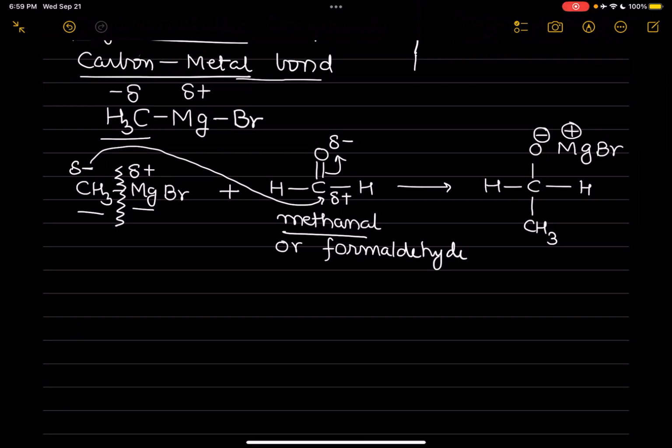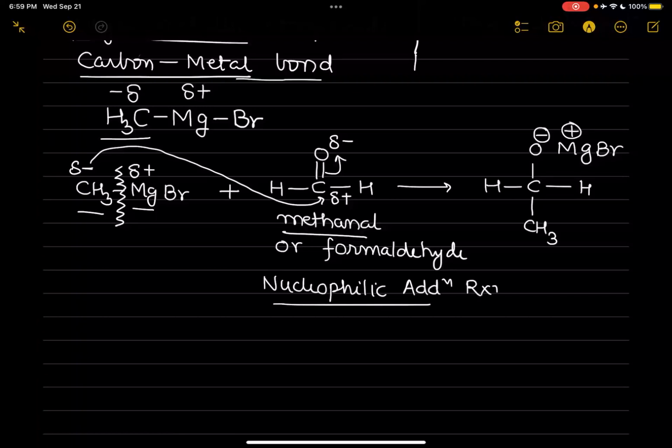Nucleophilic addition reaction. Okay. This is nucleophilic addition reaction of Grignard, in which the R minus has come and joined itself on the aldehyde.